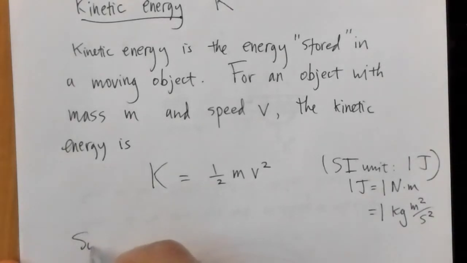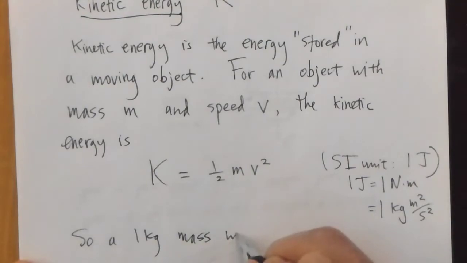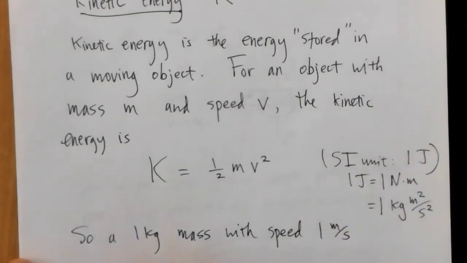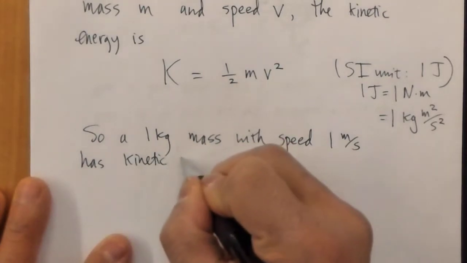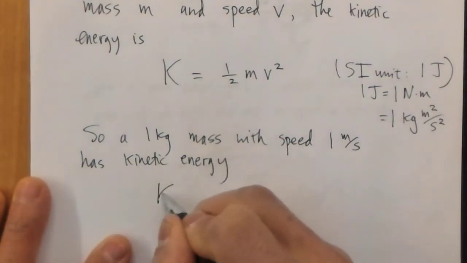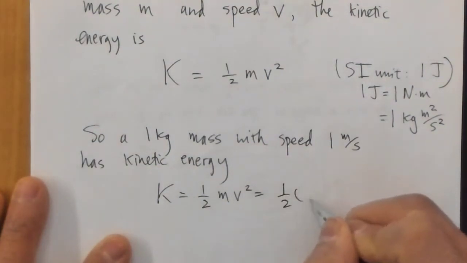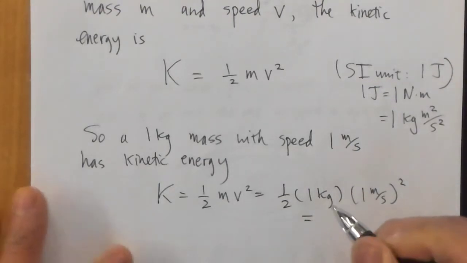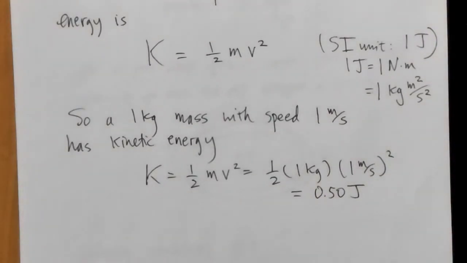A 1 kilogram mass with speed 1 meter per second has kinetic energy K equal to 1/2 mv squared. So we have 1/2 times 1 kilogram times 1 meter per second squared, and we end up with 1/2 of a joule, just converting kilogram meters squared per second squared to joules.